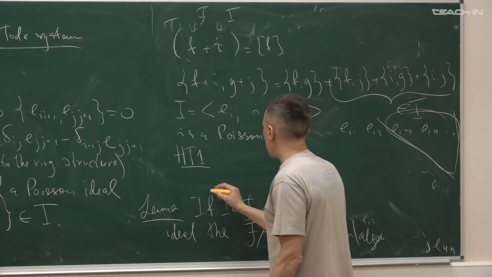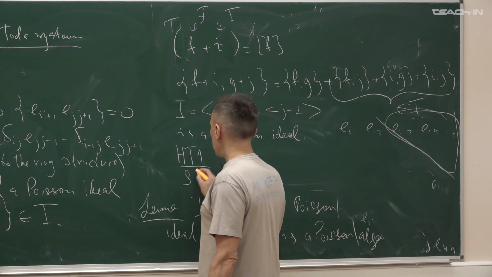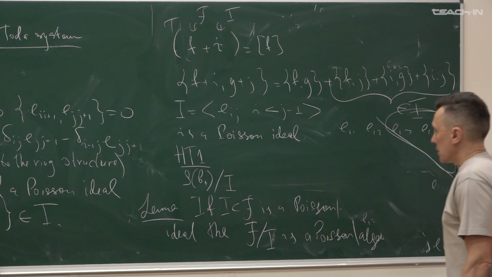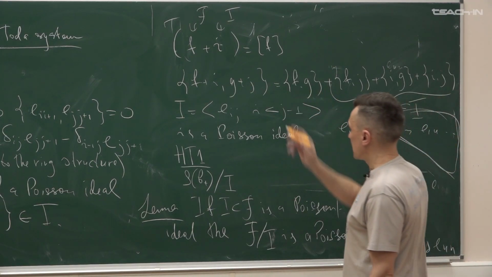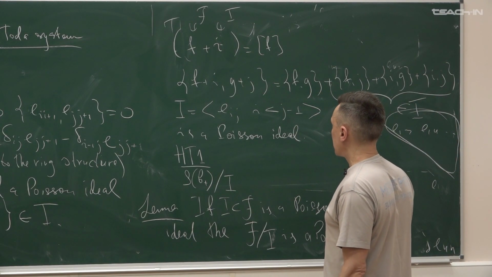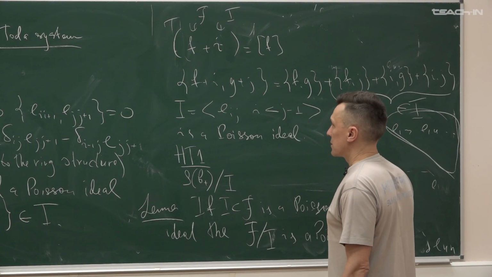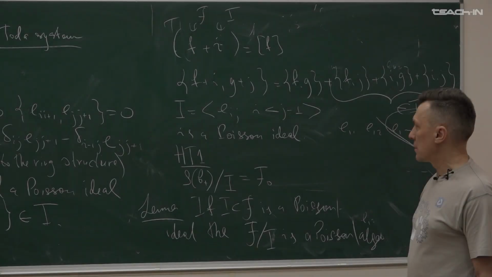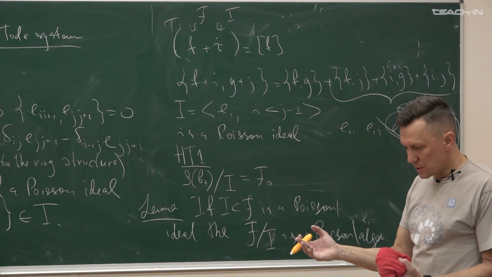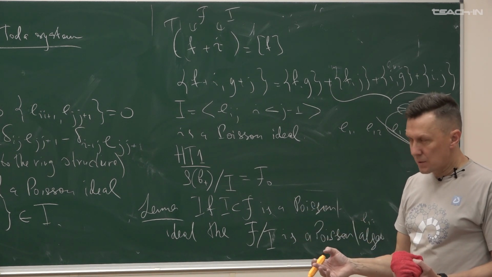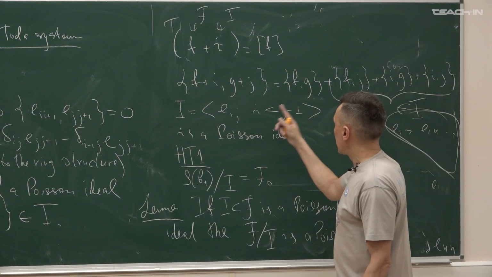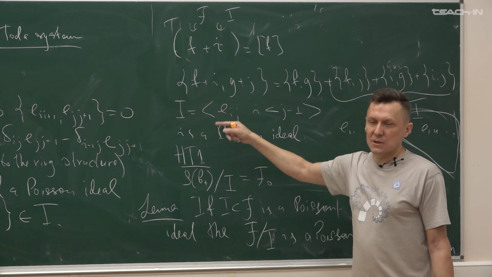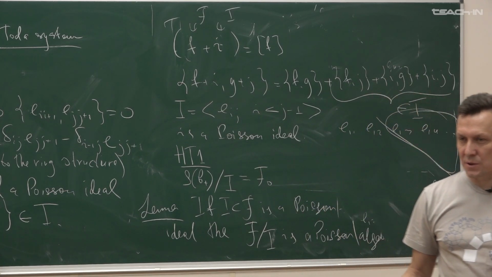So my statement is now that if you consider the quotient with this Poisson ideal, we get exactly F0. So we can restrict our functions to the subvariety where all these functions are zero. It is the same as to consider tridiagonal symmetric matrices.